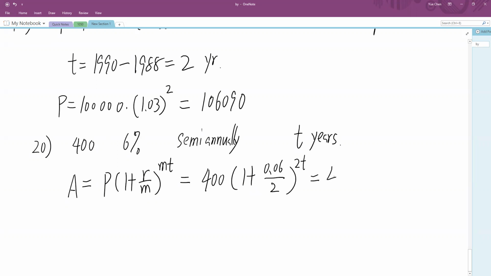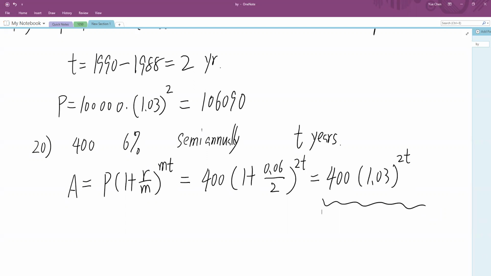Then you simplify, it's 400 times 1.03 to the 2T. That would be your answer. You don't need to plug in T, it's just T years. This kind of problem just tests your formula, to avoid some calculation using a calculator.